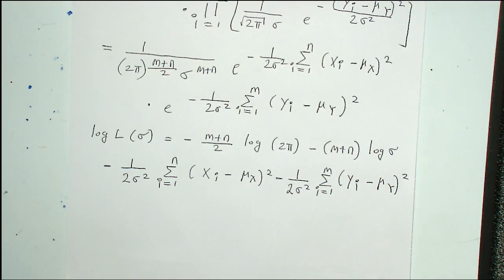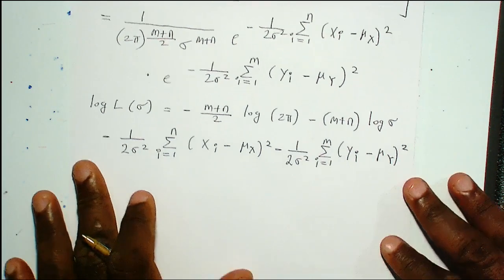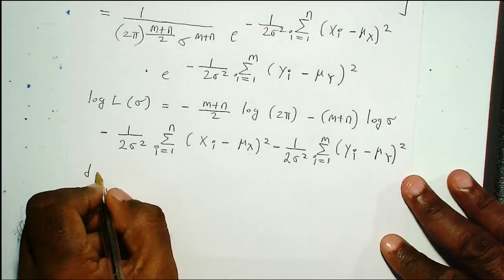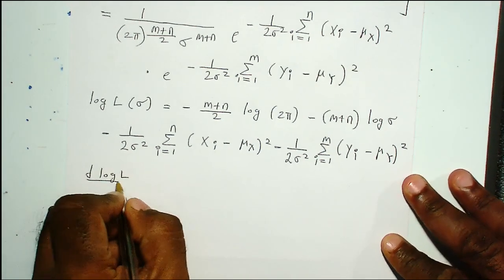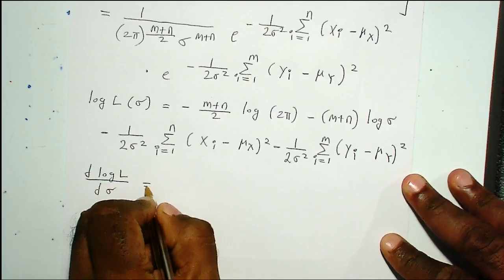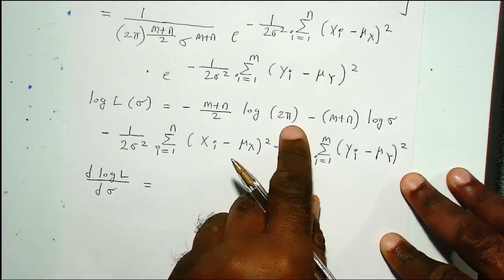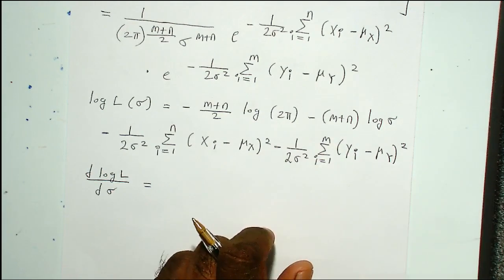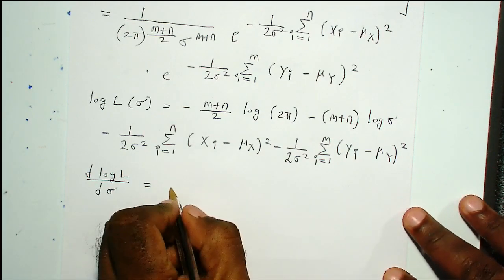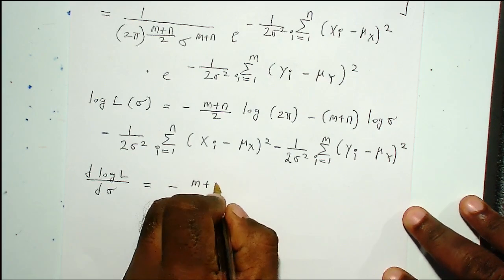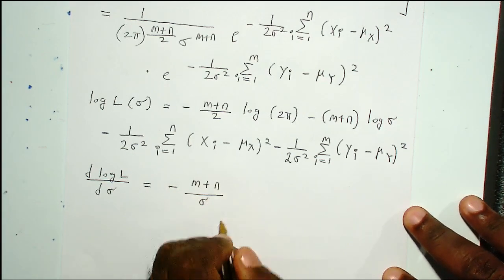And the next step is to differentiate the log with respect to the parameter. We have only one parameter, so we differentiate with respect to sigma, right? So differentiating this with respect to sigma, you get this.